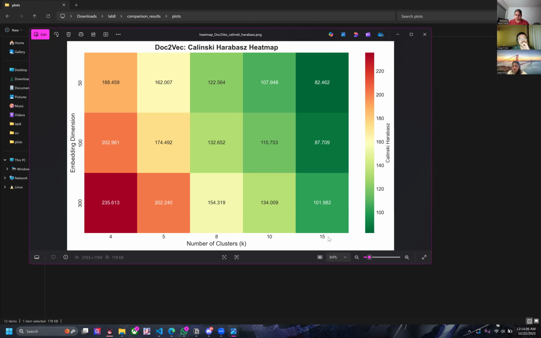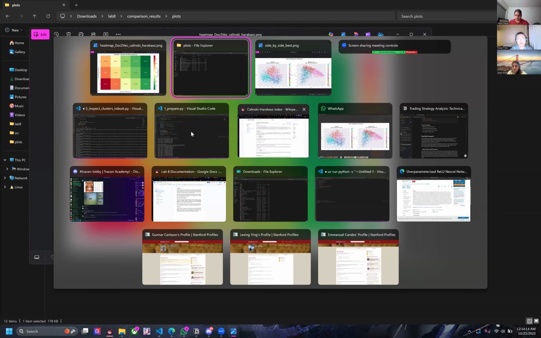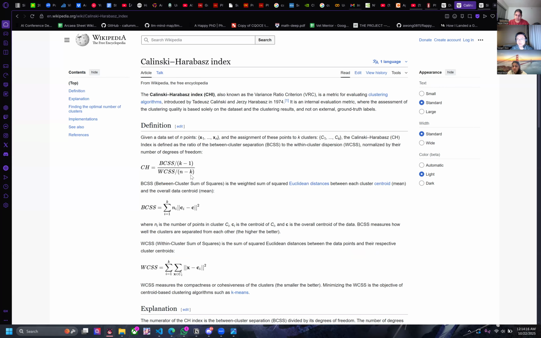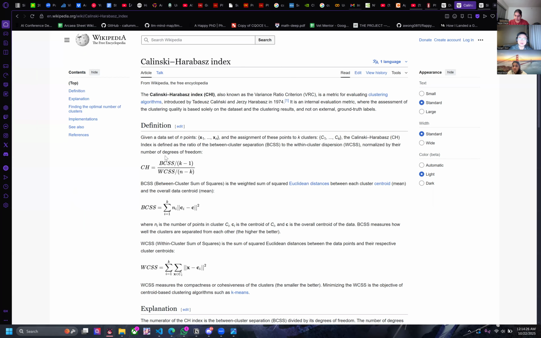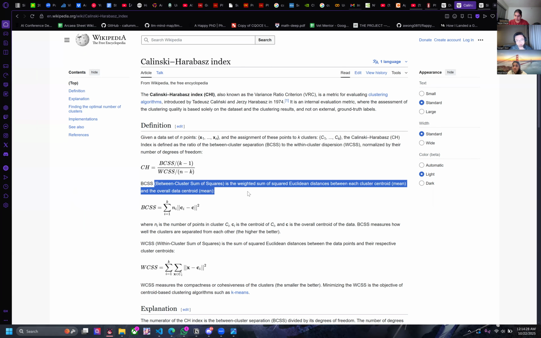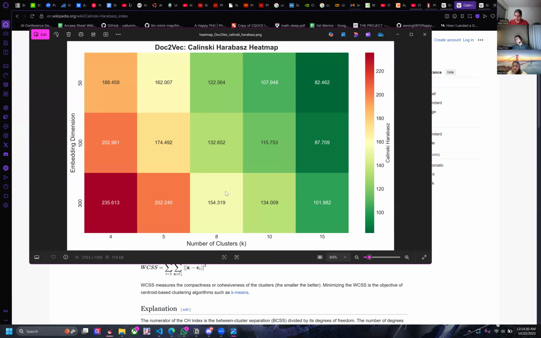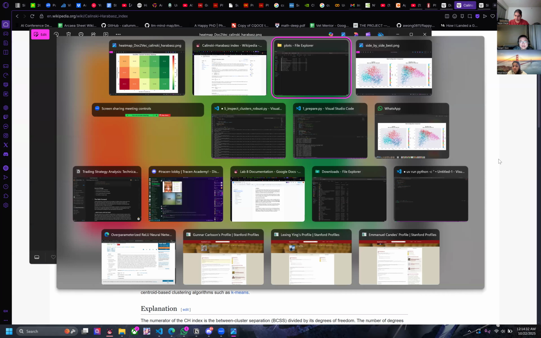When there are too many clusters but no meaningful separation of data, I believe this value becomes higher and this becomes a bit lower. And I'm not so sure about the dimension, but I assume the dimension would increase. Oh, the dimension would definitely increase the between sum of squares.